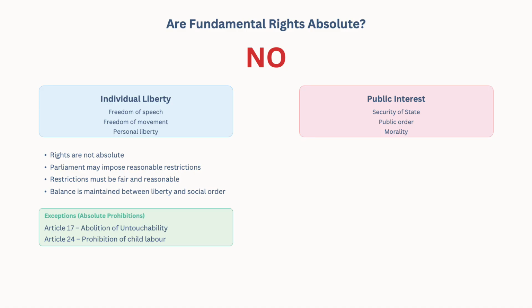We have another class, almost similar to Shudras, the lower class of the society that people generally consider untouchable. If you touch them, you're unclean. So Article 17 abolishes untouchability, and it prohibits the practice of untouchability. And Article 24 protects children from child labor.